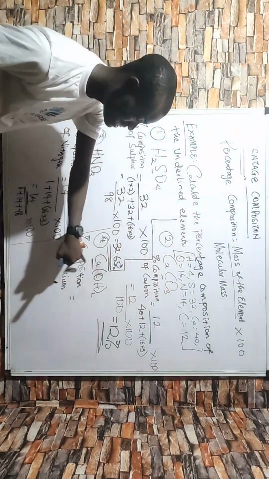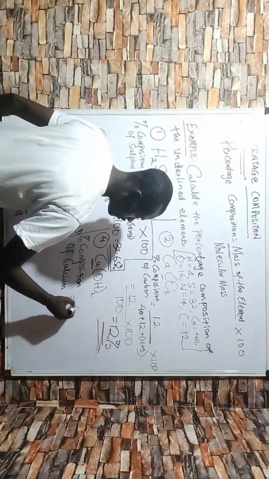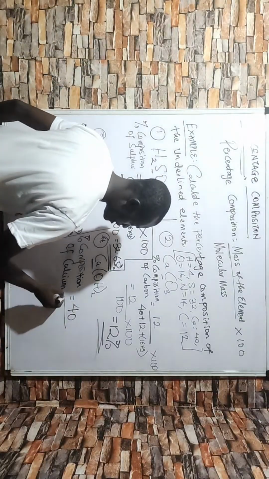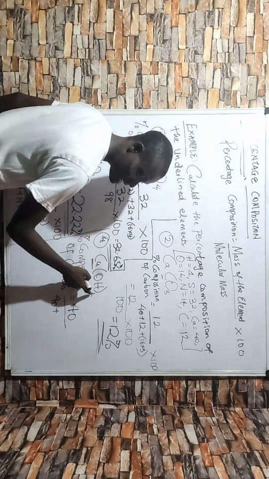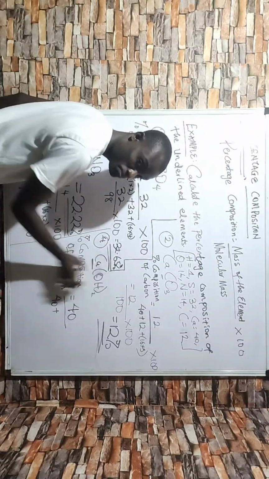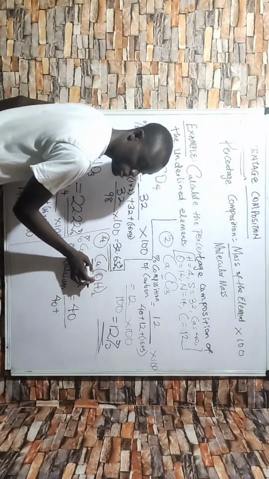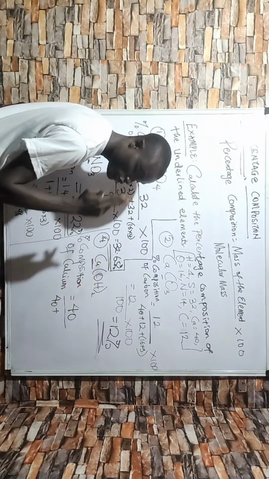We are interested in calcium, and calcium is 40, over 40 plus, remember this 2 will affect everything in the bracket. So we have 2 times 1, which is 2, meaning we have 2 atoms of oxygen.